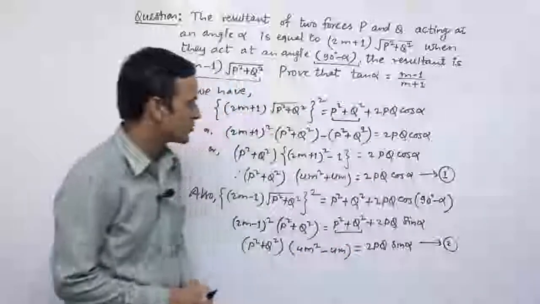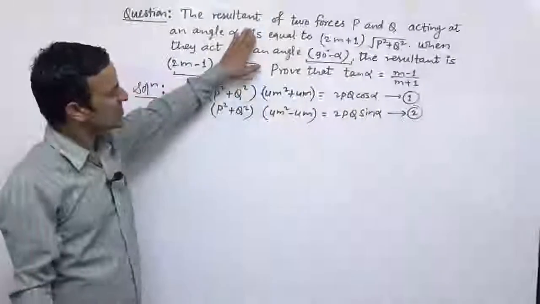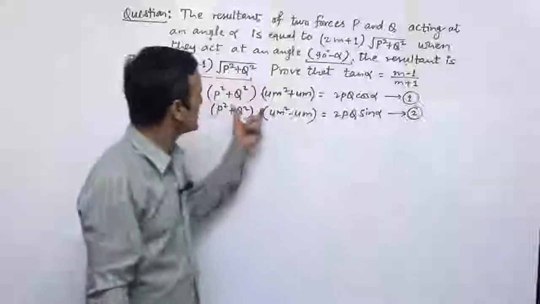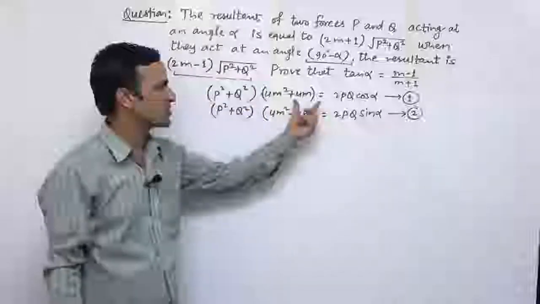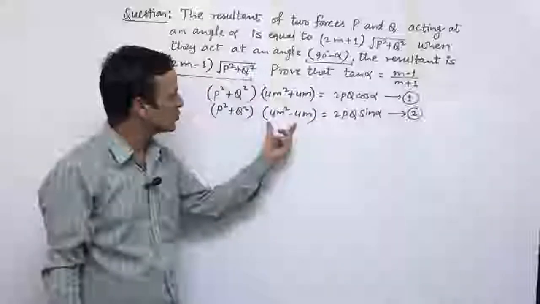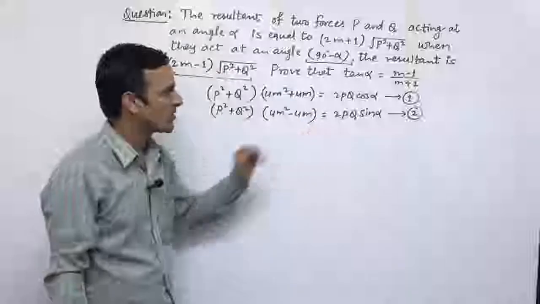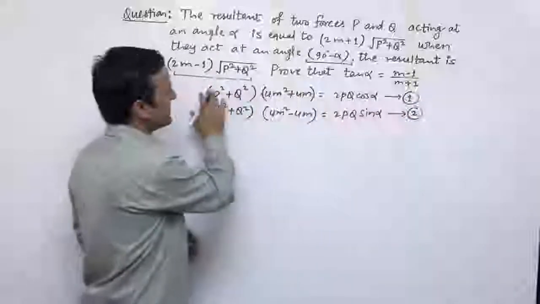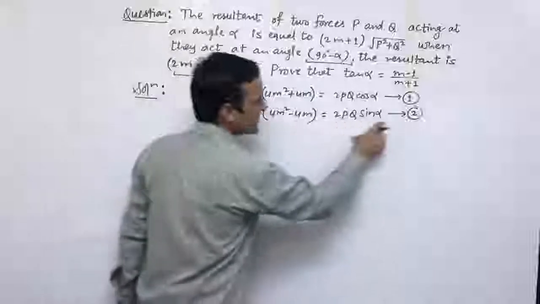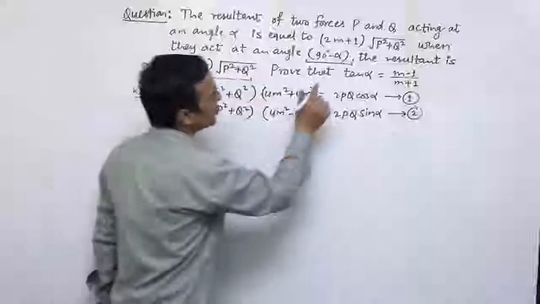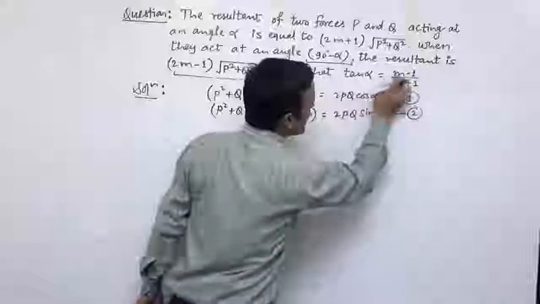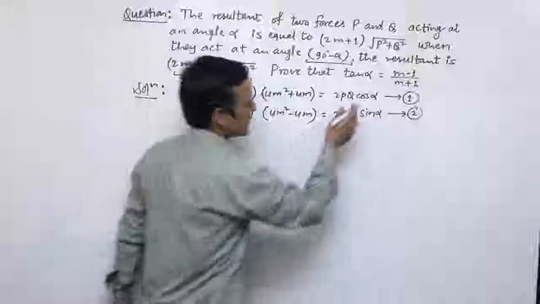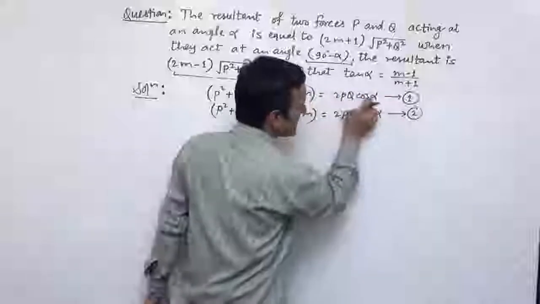So let's see the other result. In this question, we have just now derived equation 1 and equation 2. हामीले भर्खरै equation 1 र 2 निकाल्यौं. So we can see that this is equation 1 which has this term, and we have this term in equation 2. So to deduce this condition, tan alpha is equal to (m minus 1) upon (m plus 1), we can divide both sides because tan alpha means sin alpha by cos alpha.